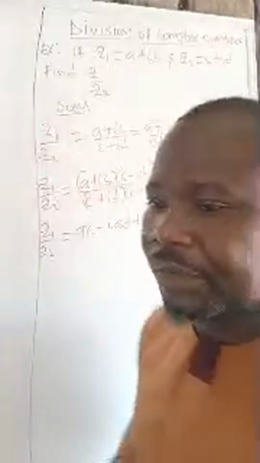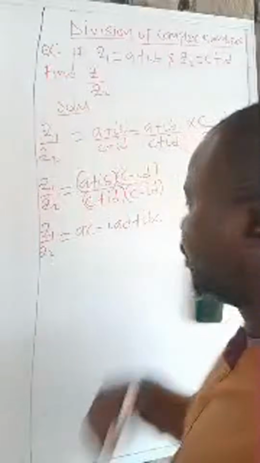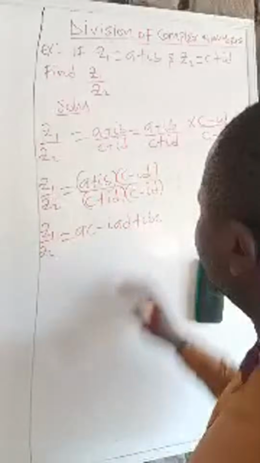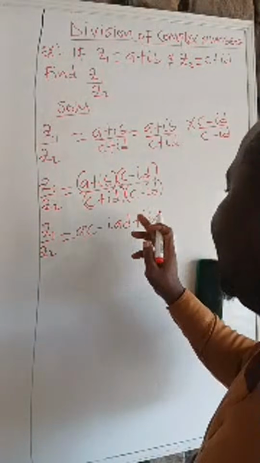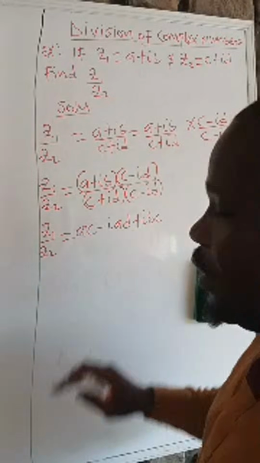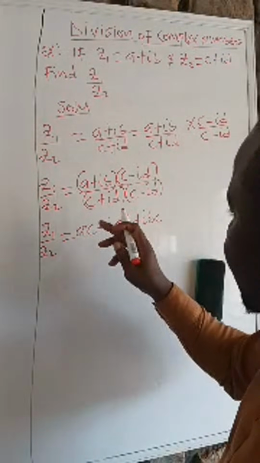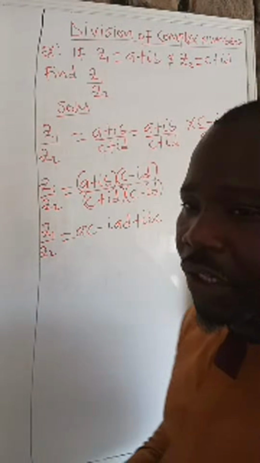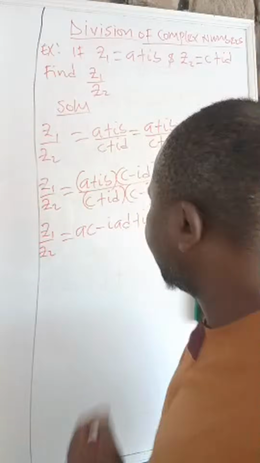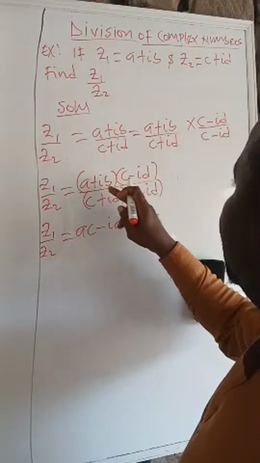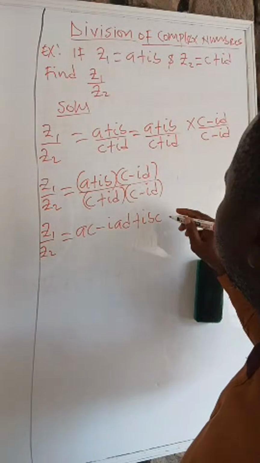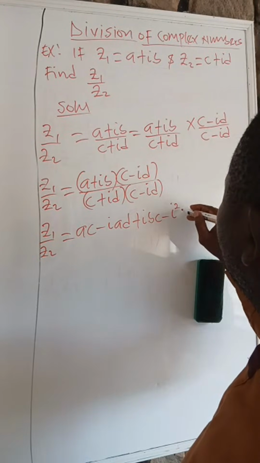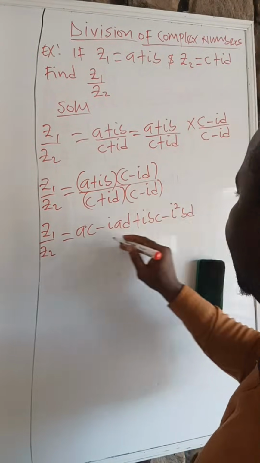Since multiplication is commutative, whichever way we want to write it, either CB or BC, you are right. Likewise DA or AD, CA or AC, because multiplication is commutative. So IB times minus ID, we are going to have minus I squared BD.